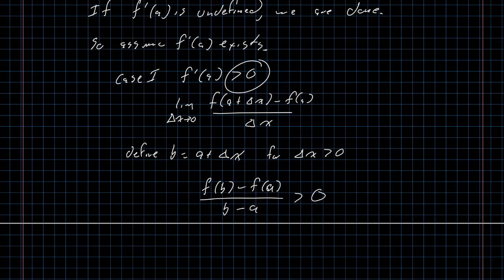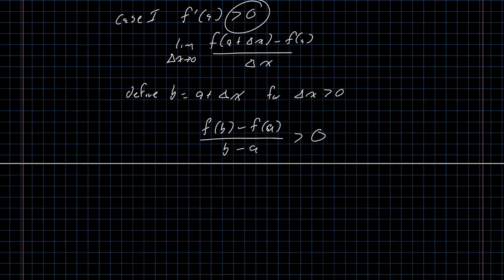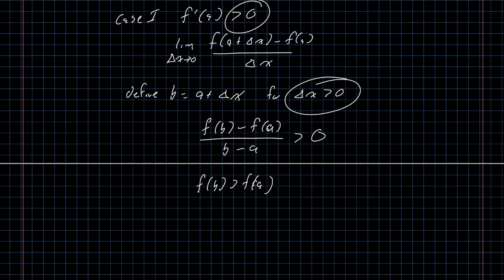So this thing itself must be bigger than zero. All right, so because I picked delta x bigger than zero, that means that b is greater than a, which means that f of b is greater than f of a. Which means that f of a is not a maximum.